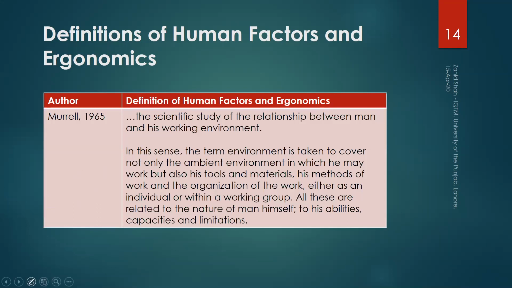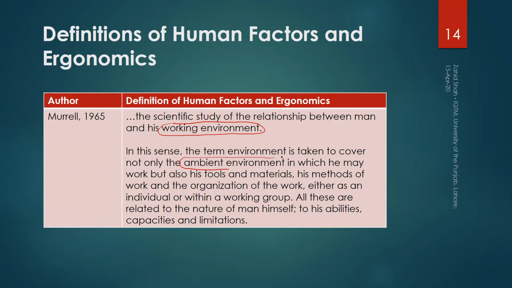So the first definition is by Morrell. He defined ergonomics or human factors in 1965 as the scientific study of the relationship between man and his working environment. Now, this word environment has some broader meaning according to Morrell. In this sense, the term environment is taken to cover not only the ambient environment.